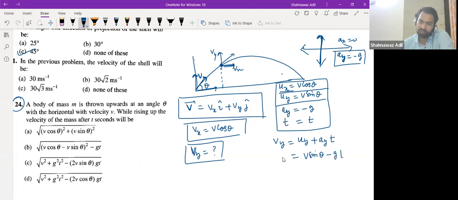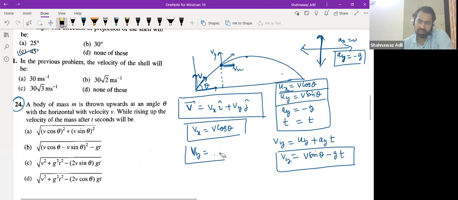The velocity would be reduced by this factor. The y component will reduce. That is why at the maximum point, your velocity y is 0. So then this Vy would be V sin theta minus gt.